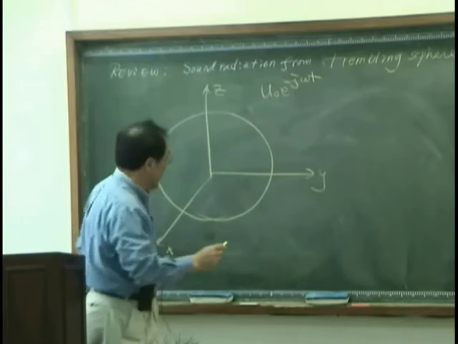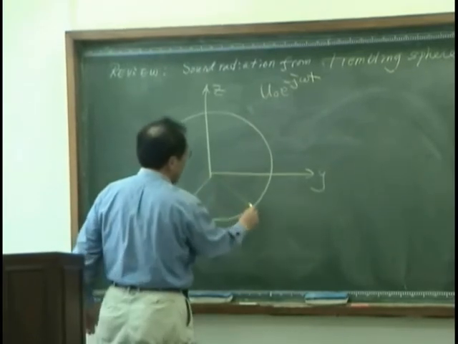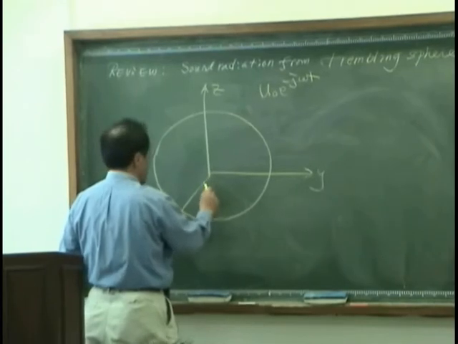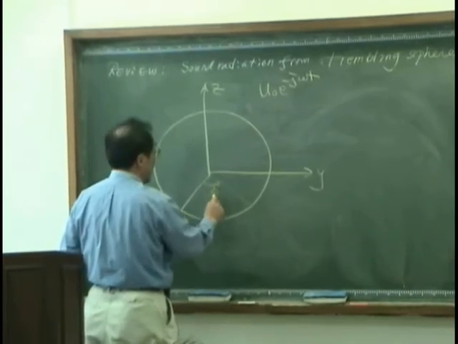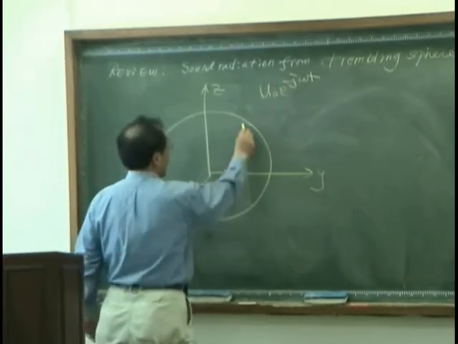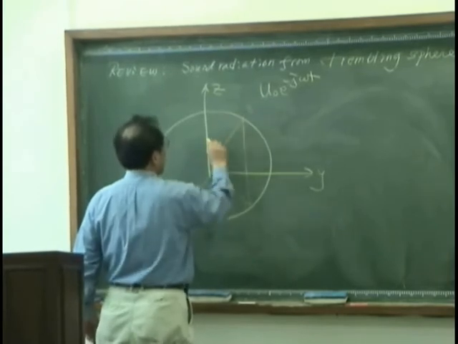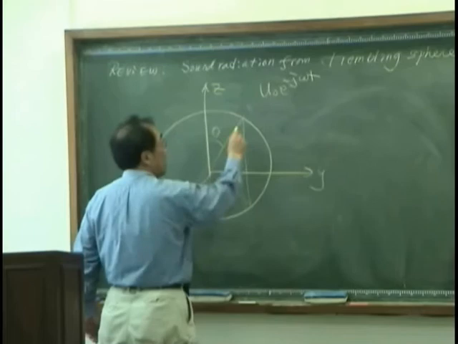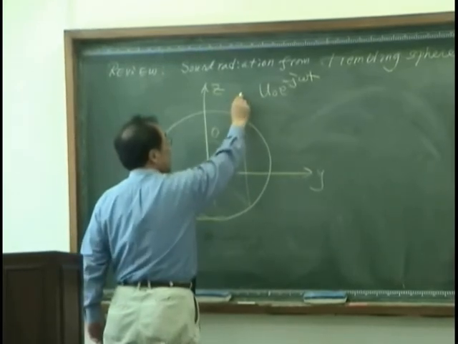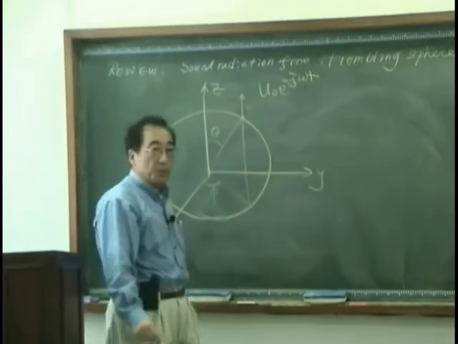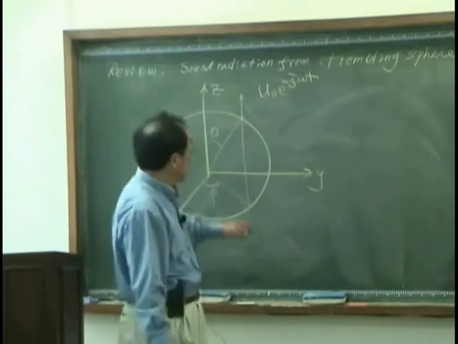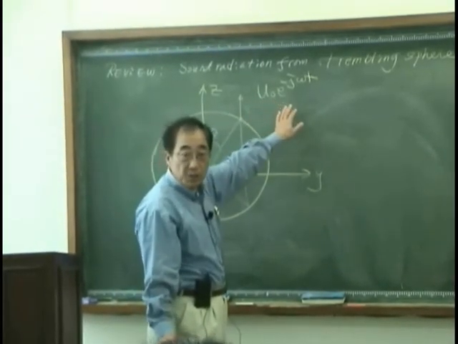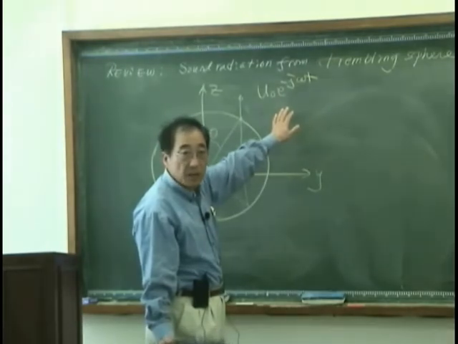Okay? And let's see, this is phi. Okay. And then this is theta. Okay, then this particle is supposed to be oscillating with the magnitude u0 and exponential minus j omega t.